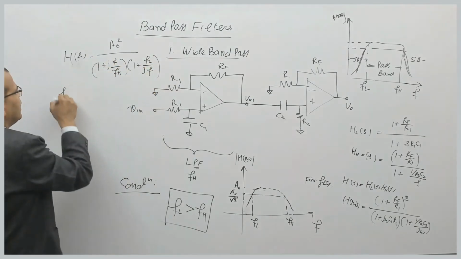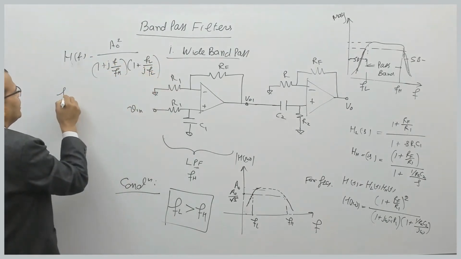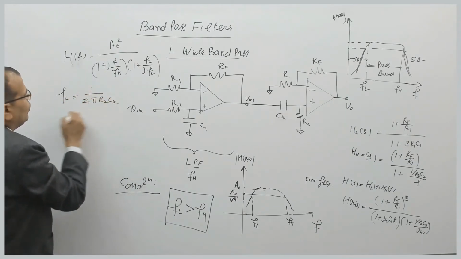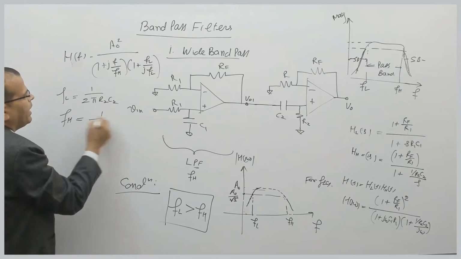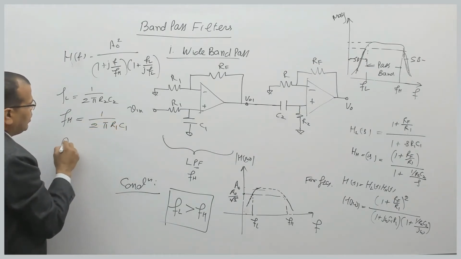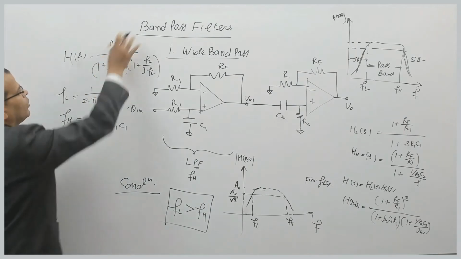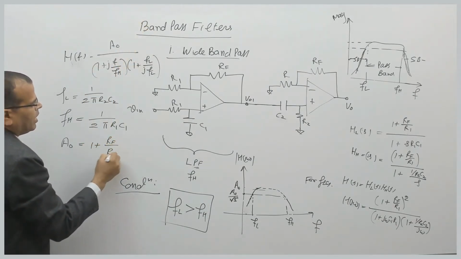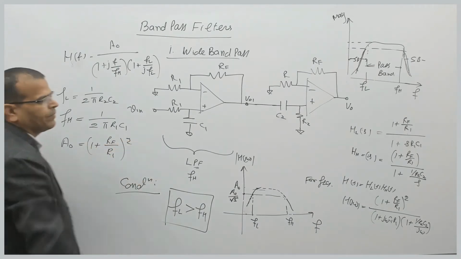Here you know what fL is: fL is 1 by 2 pi R2C2, fH is 1 by 2 pi R1C1, and A naught is equal to 1 plus RF by R1 whole square, right?